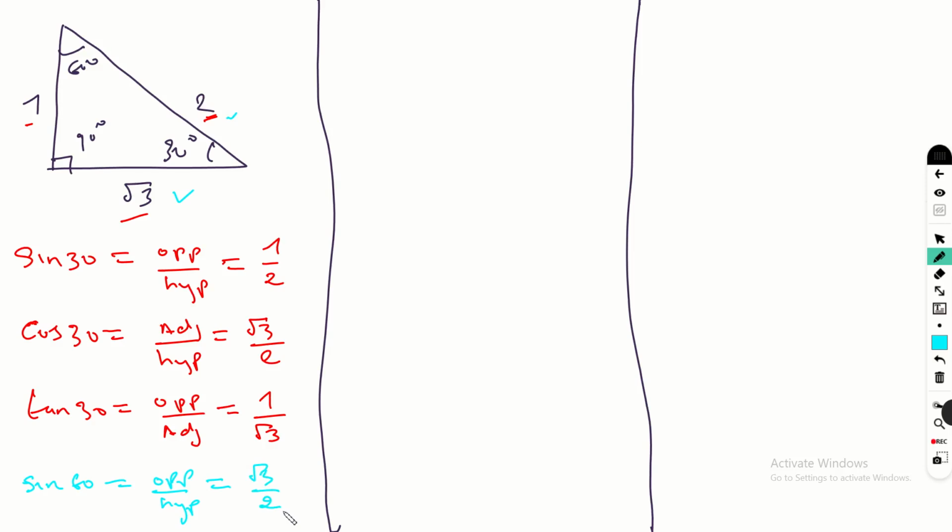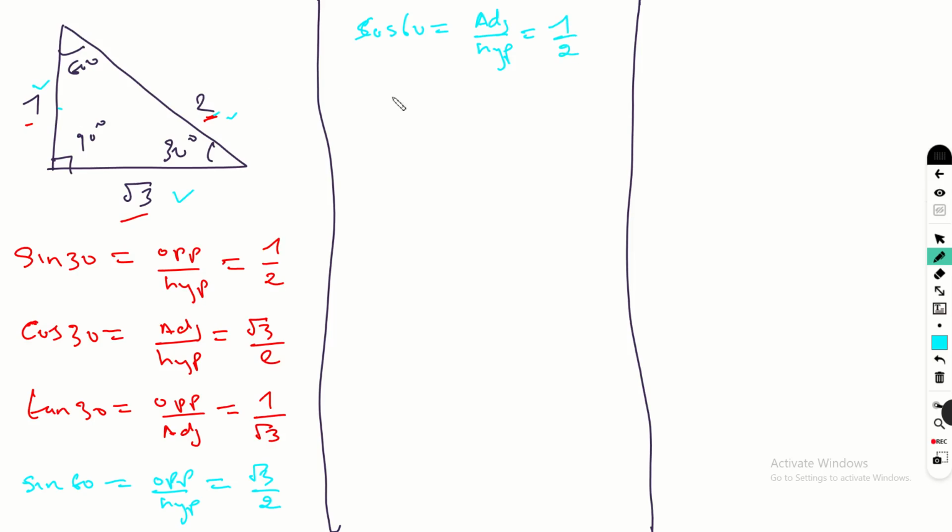Now if you look at the next, cos 60, it becomes adjacent over hypotenuse. What's the adjacent of 60? The adjacent is 1, hypotenuse 2, so it will be 1 over 2.